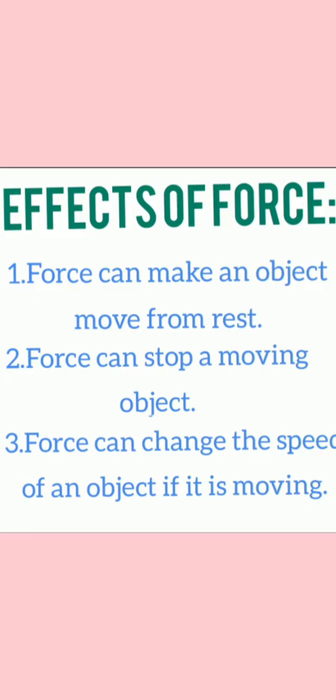So, there are many effects of force. First, force can make an object move from rest. Second, force can stop a moving object. Third, force can change the speed of an object if it is moving. It can increase the speed of the moving object or it can decrease the speed of the moving object depending upon the direction of the applied force.